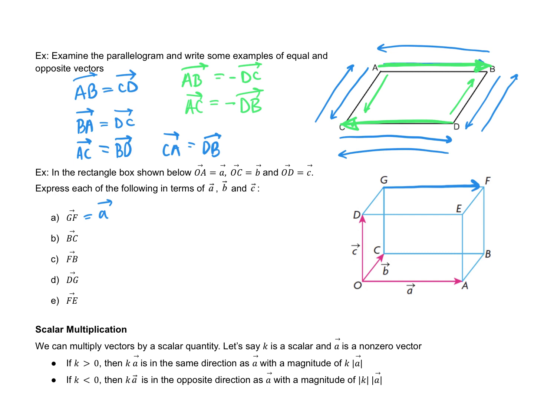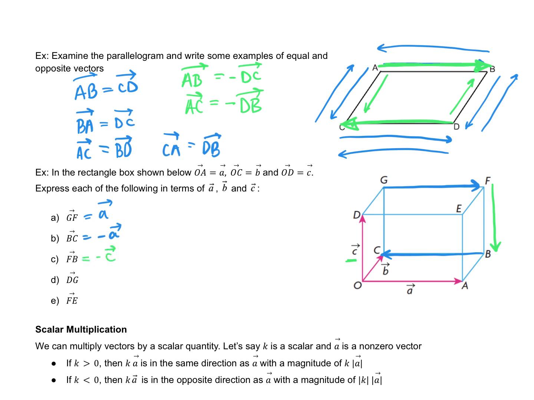BC. Well, BC is the same length as A, but it's going in the opposite direction. So that's negative vector A. Next we have FB. FB is this. It's the same size as C, just going in the opposite direction.